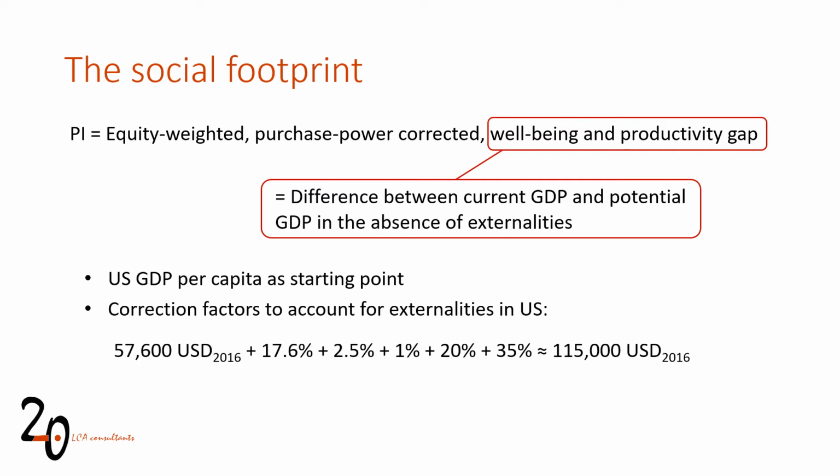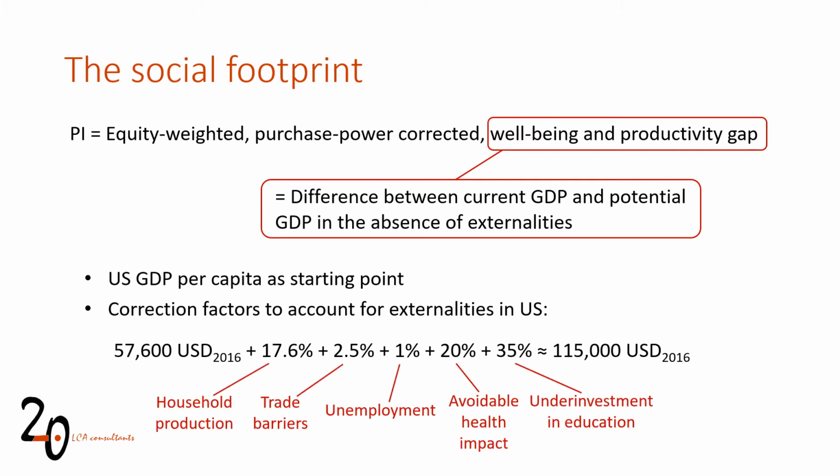In 2016, the GDP per capita in the US was $57,600, and on top of this value, we add an estimated loss of production due to different kinds of externalities or activities such as domestic work that are not accounted for as part of GDP.